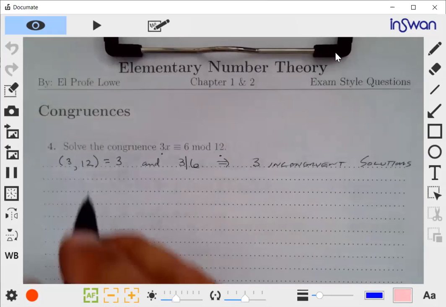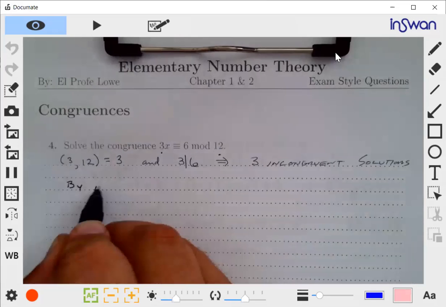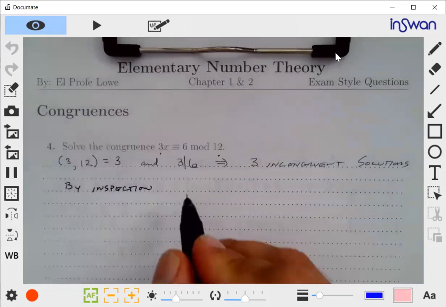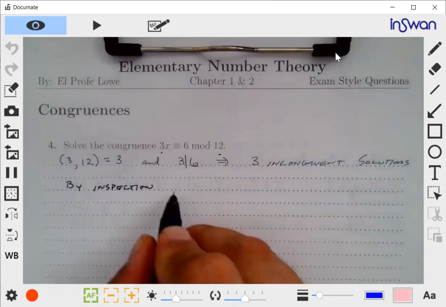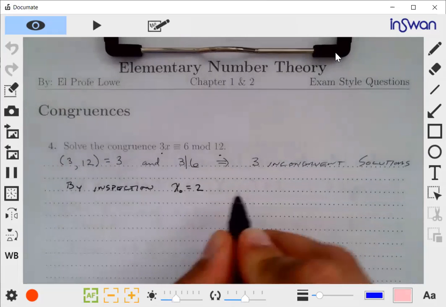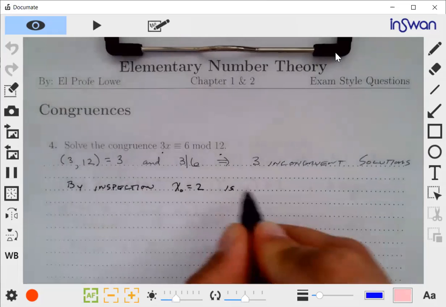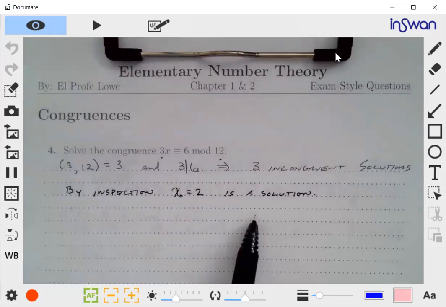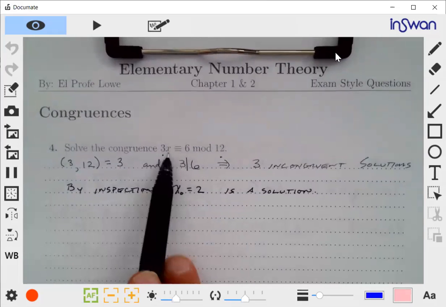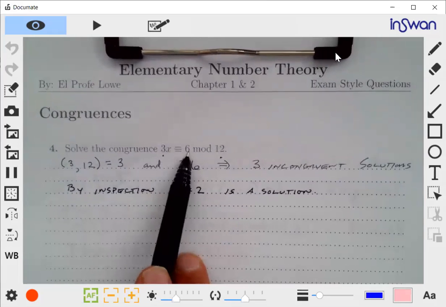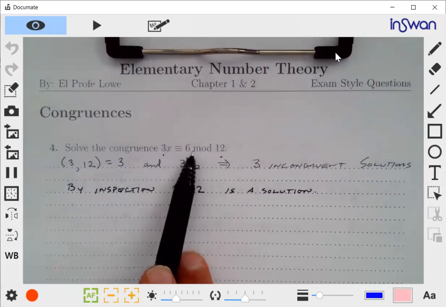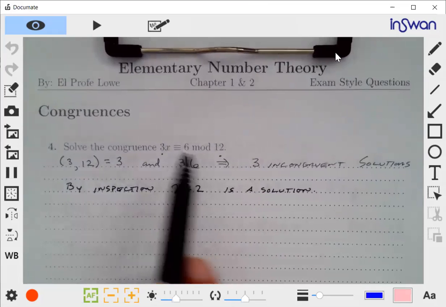So by inspection, looking to keep things simple, we know that x naught equals 2 is a solution. Why is that? Well, 3 times 2 is 6, and when I put things into groups of 12, I have a remainder of 6, because I can't get 6 into a group of 12. I just have 6 left over.